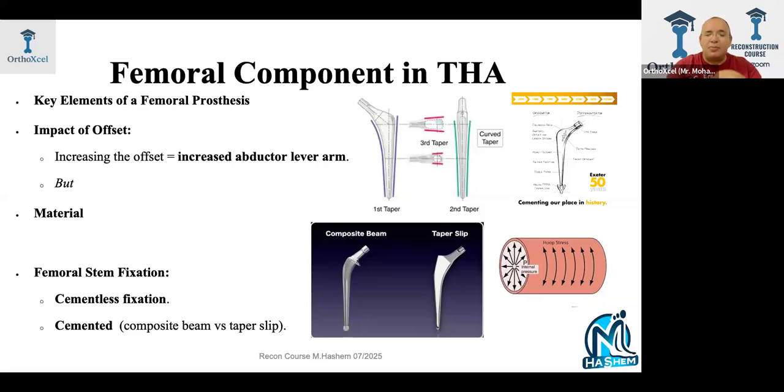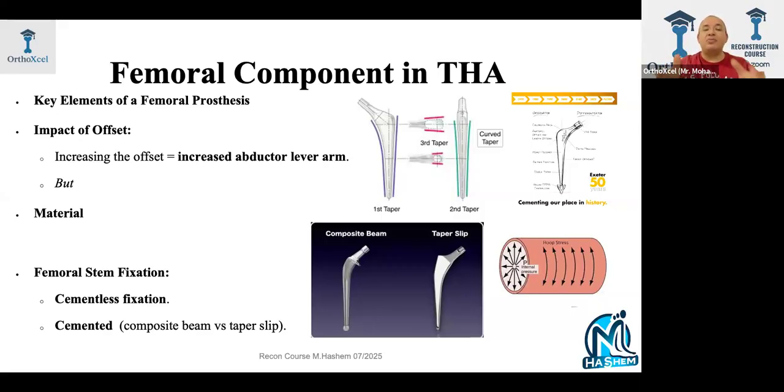What about the composite beam? Then he started to think, why not get this structure as a composite from the start? So I will make my stem non-tapered, very smooth, very slippery on the outside, coated with a glistening material, and I will end up with my stem maintained inside the cement with no controlled subsidence or slip, and this will give me, at the end of the day, a whole stable construct.